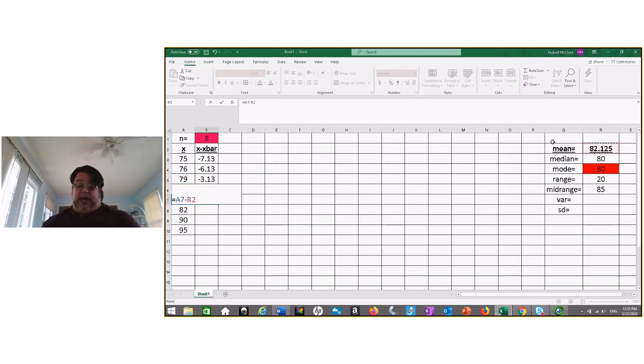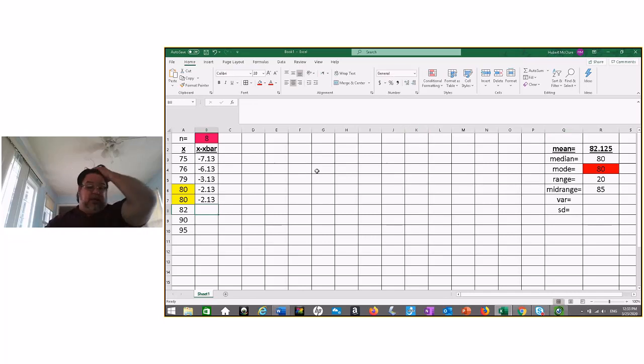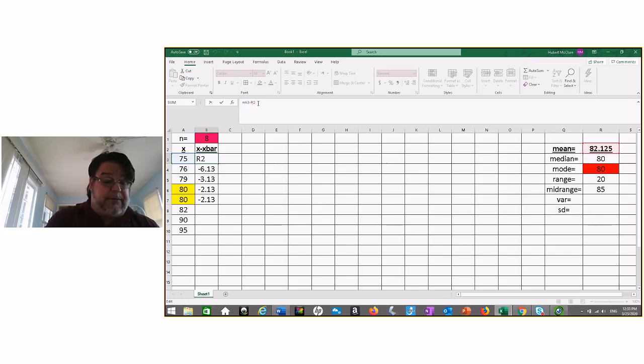And my HP has an alternate function, and I don't know which one it is. I don't know if it's alternate control function. Wait a minute, let me try shift. That may be it. Shift F4. Nope.